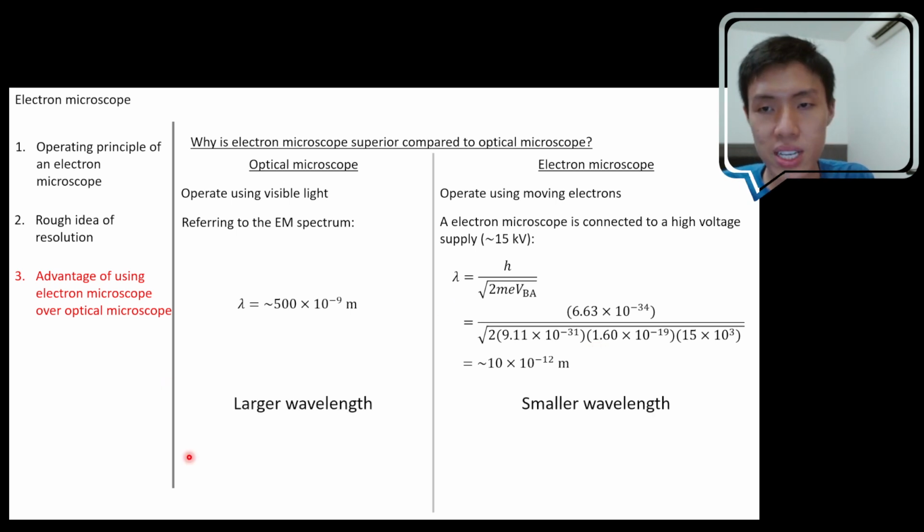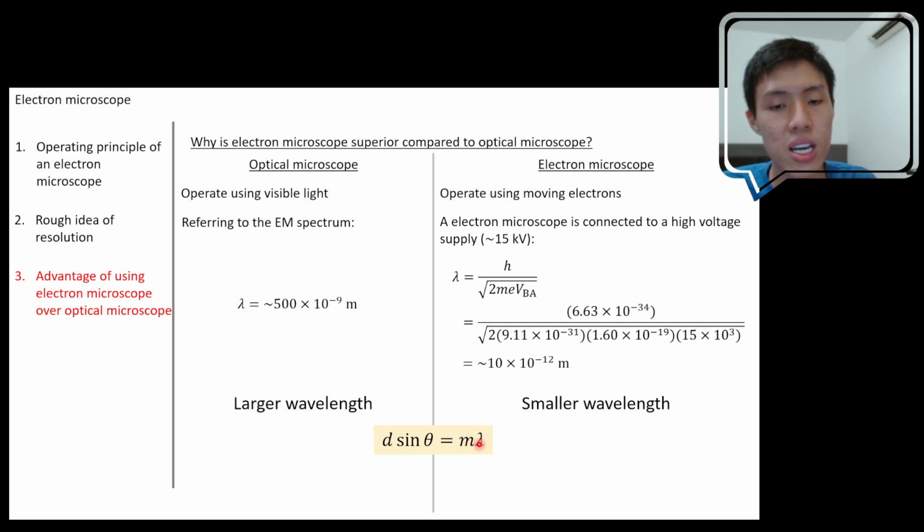So you can see that the optical microscope uses a much larger wavelength, whereas the electron microscope uses a much smaller wavelength. This wavelength will affect the diffraction pattern that we see, because we know that d sin theta equals m lambda. Fix your m; say m equals 1, the first order only.